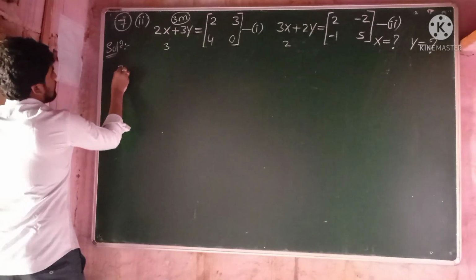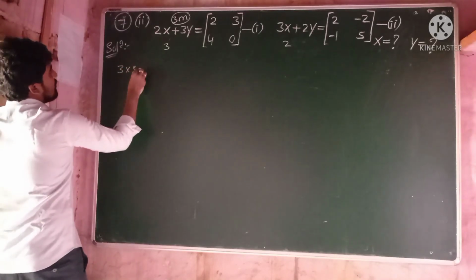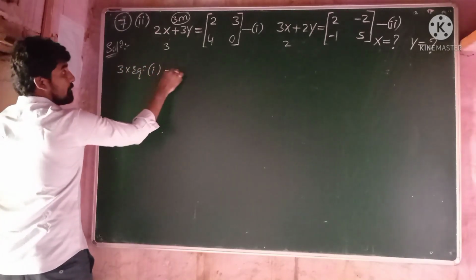So 3 into equation 1 minus 2 into equation 2. Why?